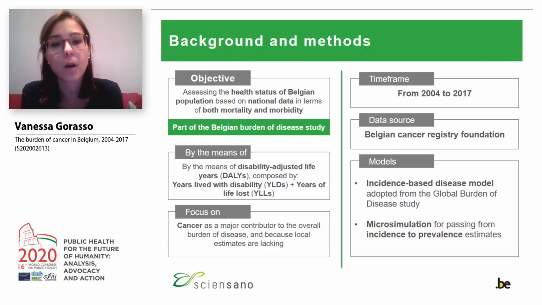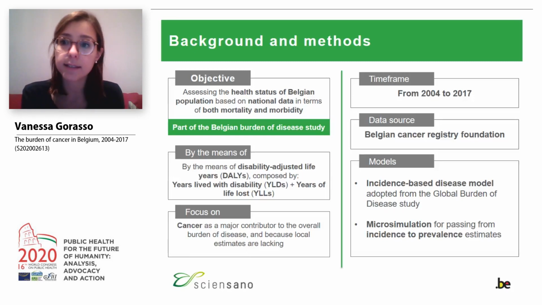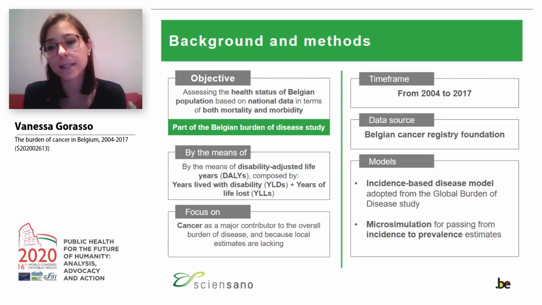This data came from the Belgian Cancer Registry, a foundation that collects the diagnoses of different cancers throughout the Belgian territory. We used an incidence-based disease model that we adopted from the Global Burden of Disease Study, and we use microsimulation for passing from incidence to prevalence estimates.